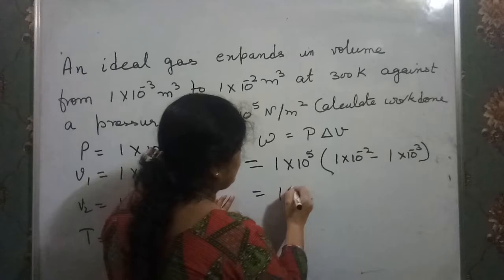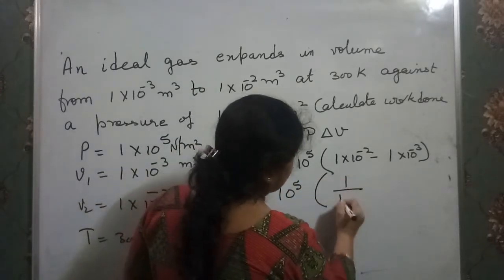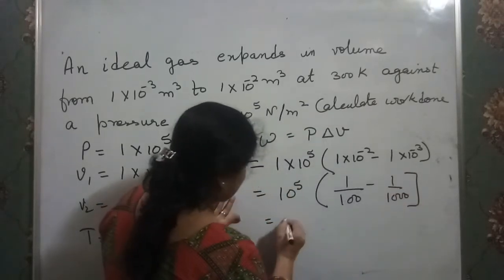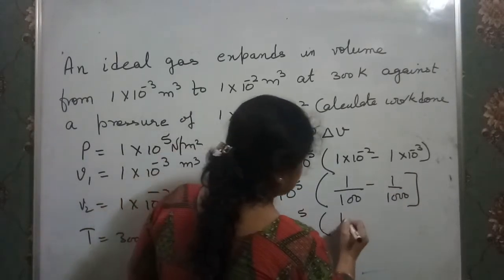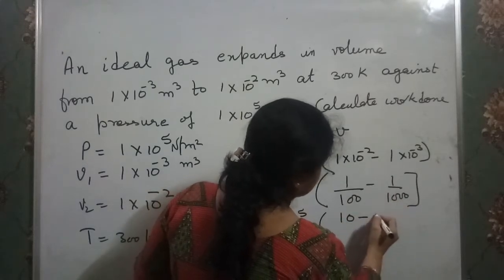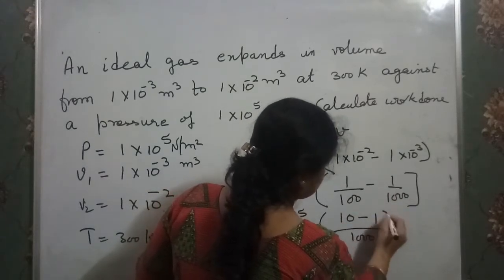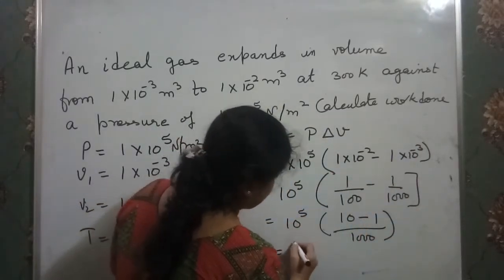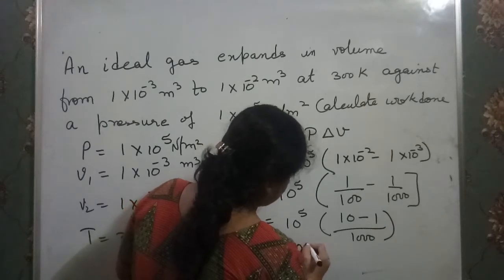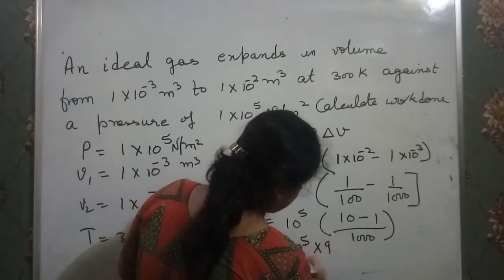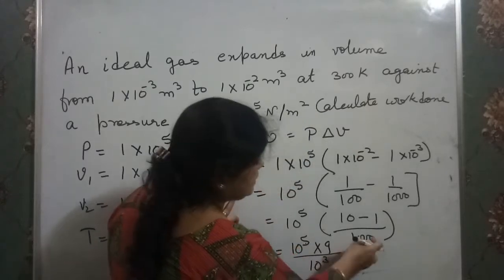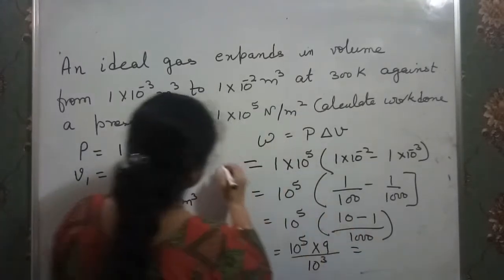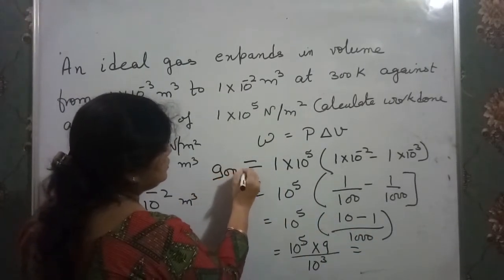So solve it: 10 to the power 5 times, 1 over 100 minus 1 over 1000. Minus 2 means 100, minus 3 means 1000. So 10 to the power 5 over 1000 times 9, that is 10 to the power 3, so 2 zeros are left. So our answer is 900 joules.